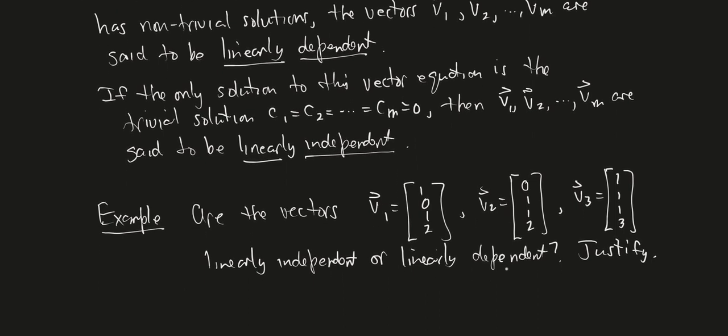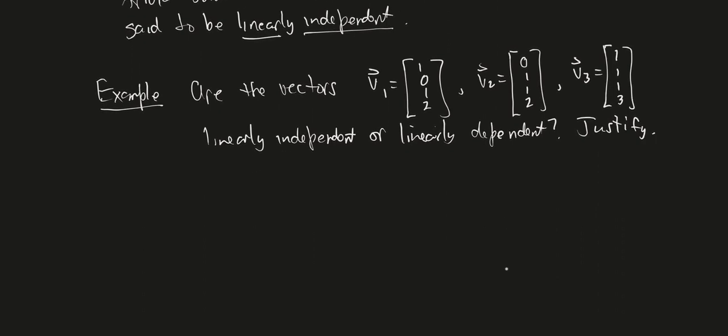Okay. So again, just using this definition, what we have to try to do is to see how many solutions we have to that special homogeneous system, right? So to answer this, we have to see if we can find non-trivial scalars that would satisfy this equation.